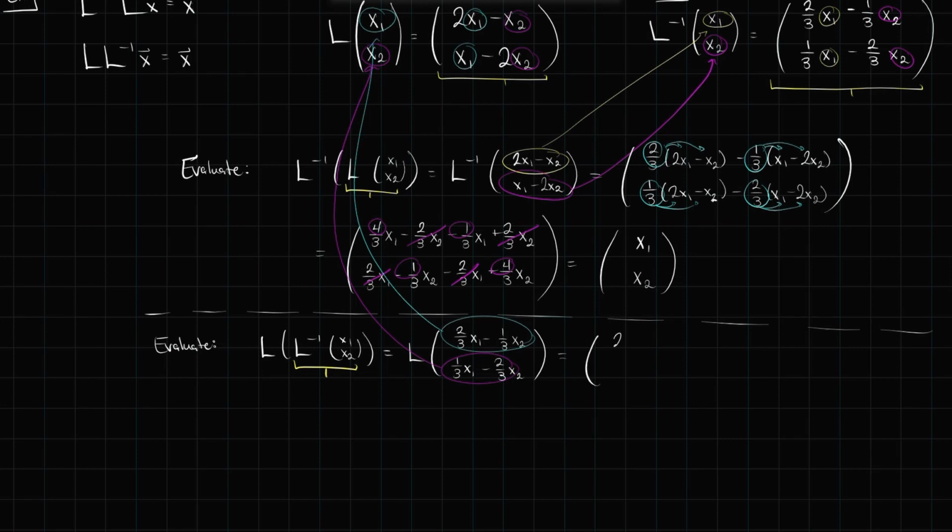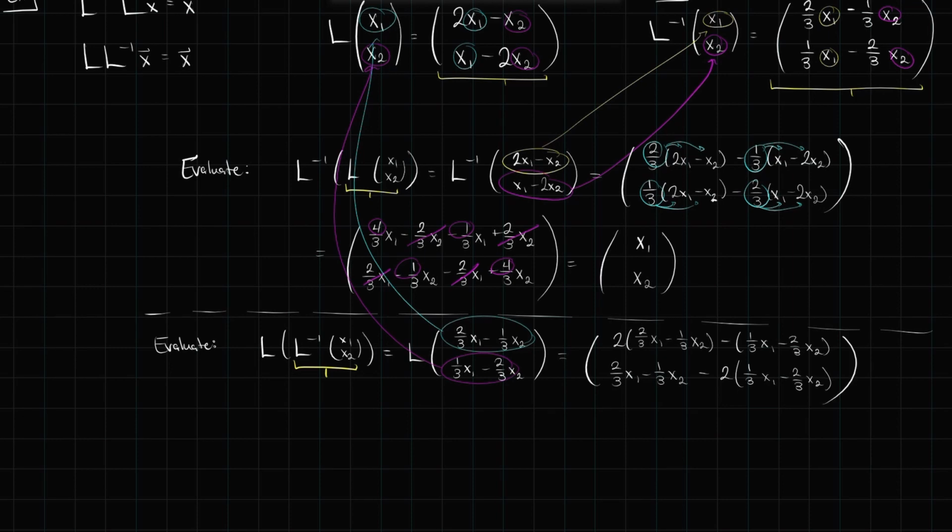So that's going to give me 2 times 2/3 x1 minus 1/3 x2 minus one copy of the second entry, which is 1/3 x1 minus 2/3 x2. The second row of my output is going to be one copy of the first input, which is 2/3 x1 minus 1/3 x2, and I'm going to subtract two copies of the second input, 1/3 x1 minus 2/3 x2.